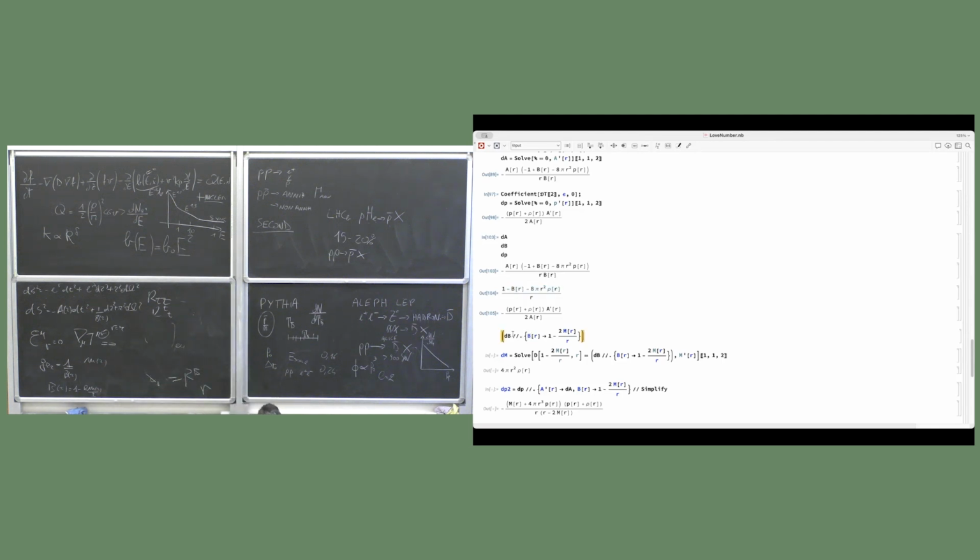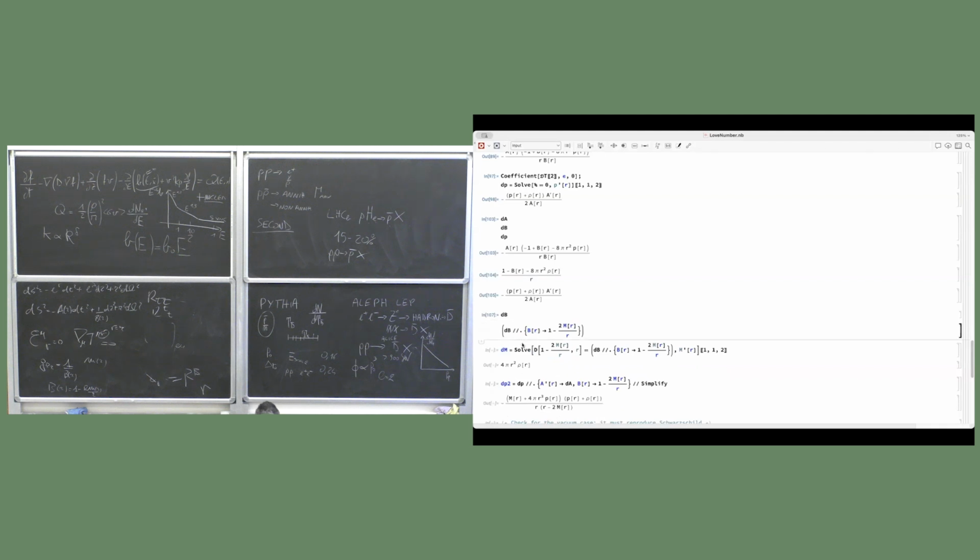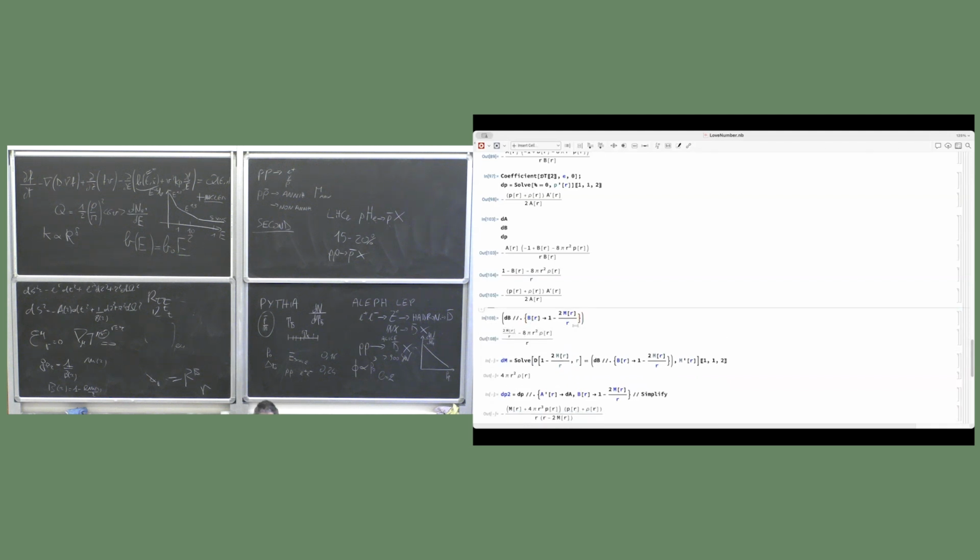And here in Mathematica, what this operation does is I take dB, which is my equation for B prime, and I replace B of r with this thing. So this operation within curly brackets replaces every time it sees B of r with these values. If you write it this way, you get everything expressed in M of r.